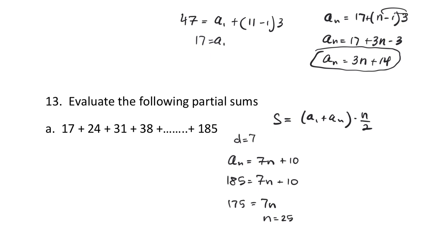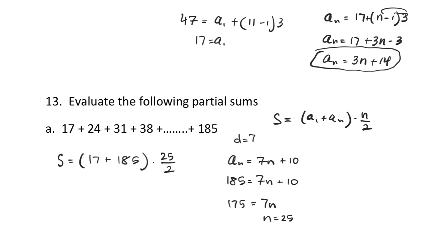That means this is the 25th term in the sequence, so we're adding 25 total terms. So n would be 25, the first term is 17, the last term is 185. So the sum is first term plus last term multiplied by 25 over 2.